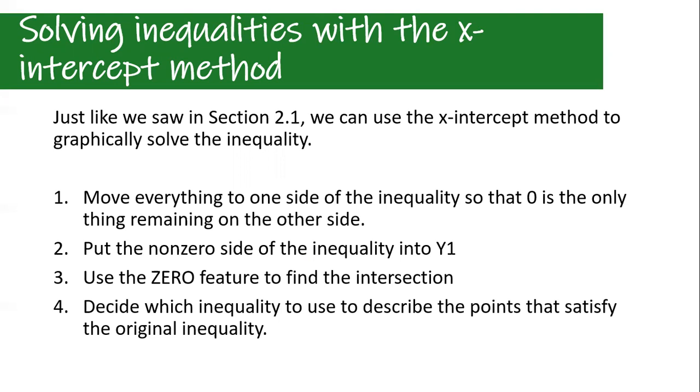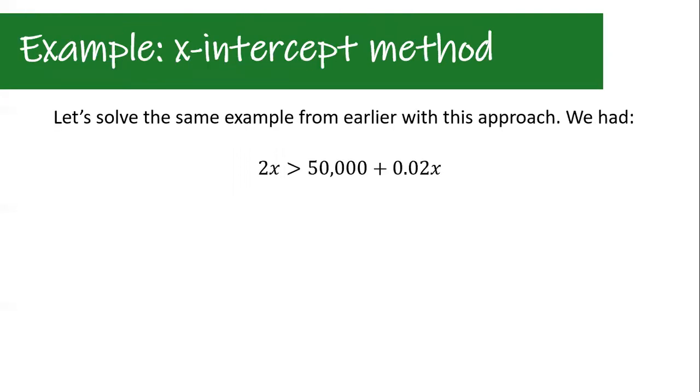Remember, it's not equals, and you need to pick a sign. You can choose the less than or the greater than, or the inclusive versions, greater than or equal to or less than or equal to. You need to choose the sign that satisfies your original inequality. Let's look at our example from earlier. We're going to have the same exact inequality, but we're going to solve it differently.